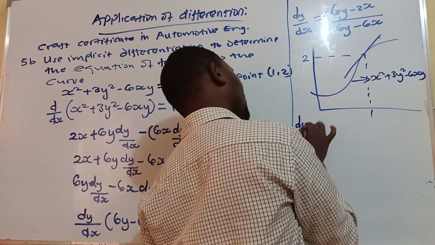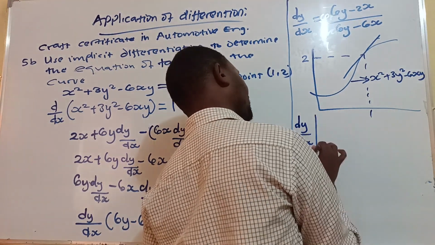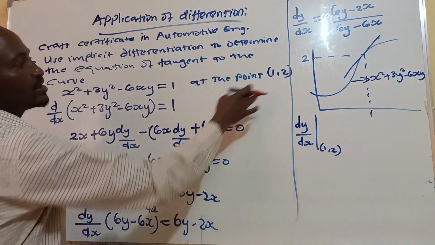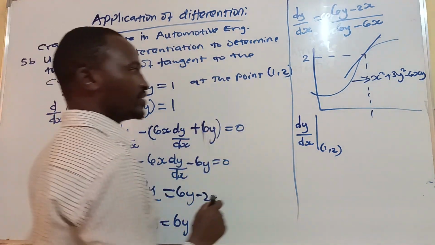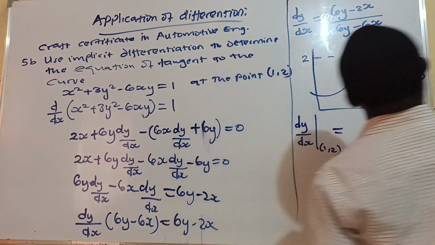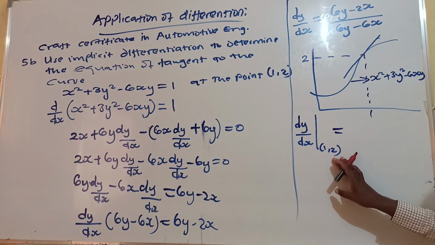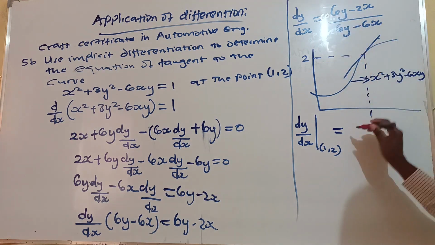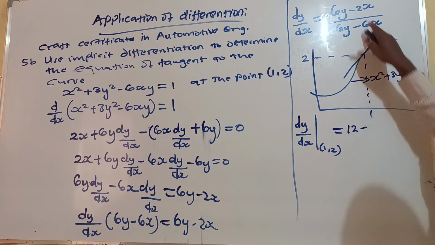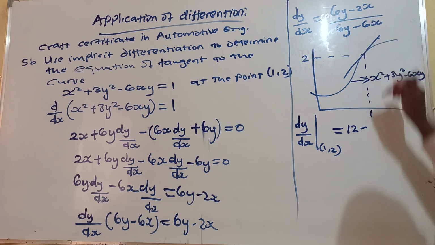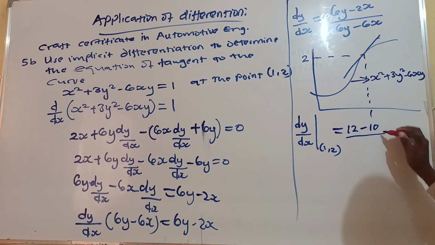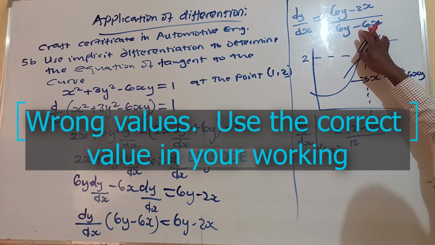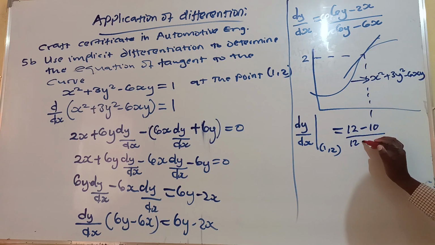You get the derivative of y with respect to x at the point (1, 2), where 1 is the value of x and 2 is the value of y. So wherever you have x, we put 1, and wherever you have y, we put 2. So it will be 6 times 2, that is 12, minus 2 times 1, that is 10, over 6 times 2, that is 12, minus 6 times 1, that is 6.